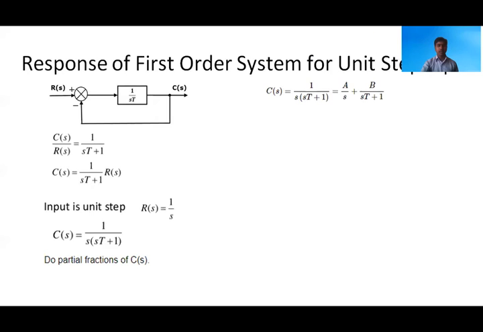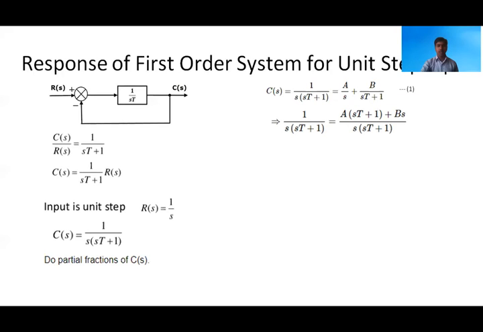If you take the partial fractions, we can write this 1 by s into sT plus 1 like A by s plus B by sT plus 1, splitting it into two terms. That is the partial fraction method. Now take the LCM on the right hand side. We will get A into sT plus 1 plus B into s, by s into sT plus 1.